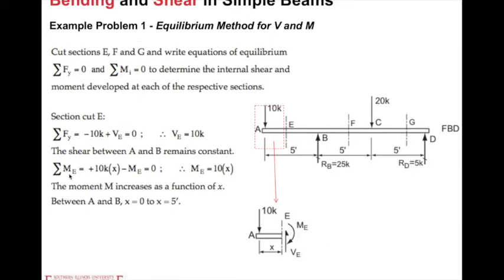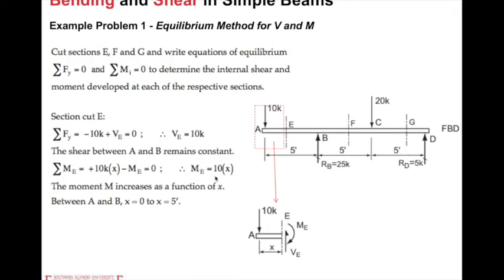Then we list the moment based on point E. That's the sum of the moment based on reference point E equal to 0. So we have 10K times X. X is the distance between A and E. This is anti-clockwise based on reference point E, so that's positive. For ME, we assume clockwise, so minus ME equal to 0.